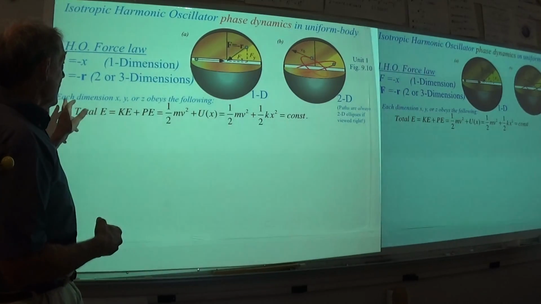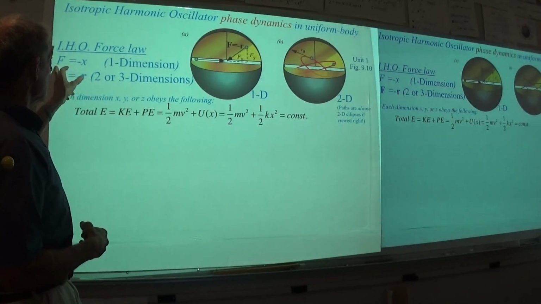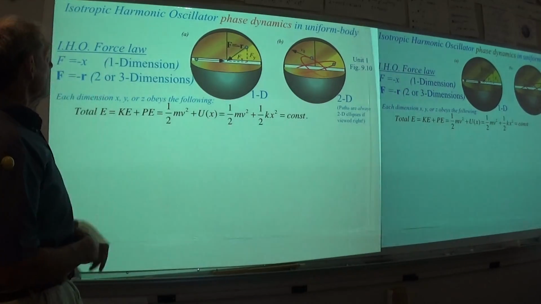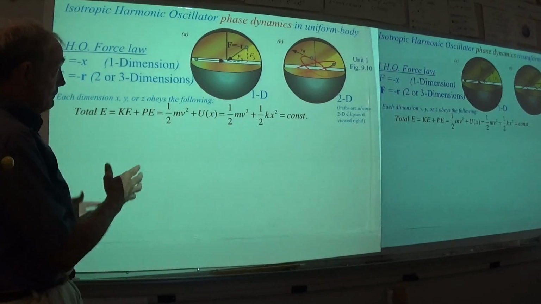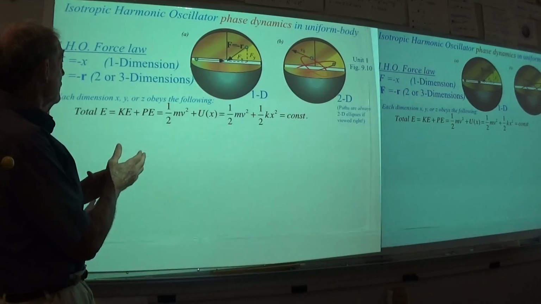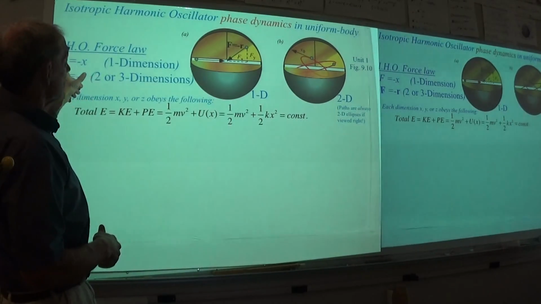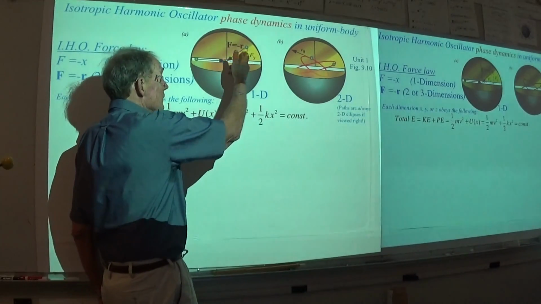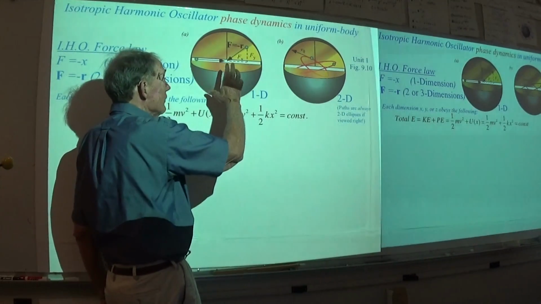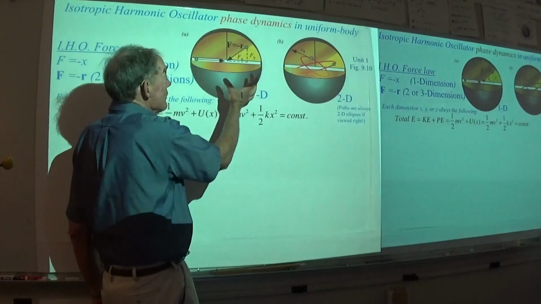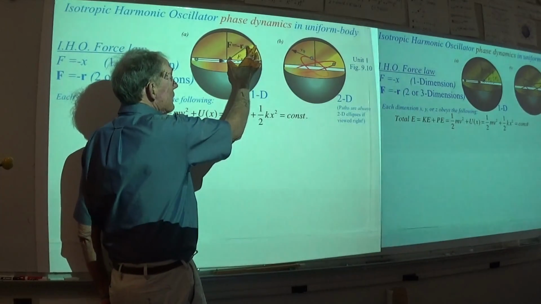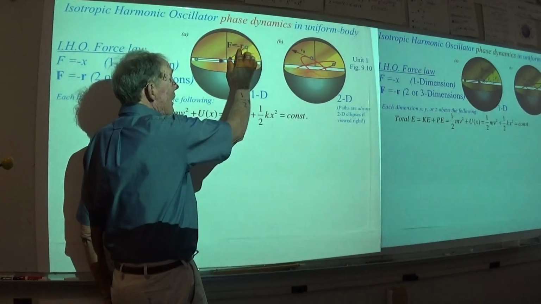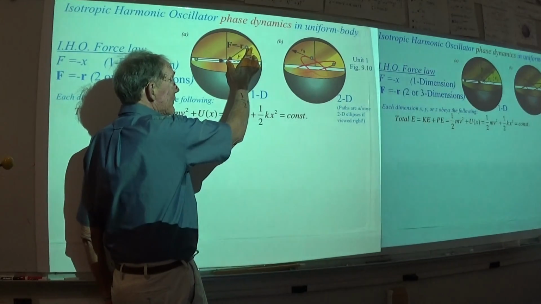The idea of this is the one-dimensional force law, and we've scaled everything to geometrical units, so this is a really neat thing to remember about an orbit in an isotropic field: if you scale it using geometrical scales, then the force vector is just minus the r vector, the position vector.